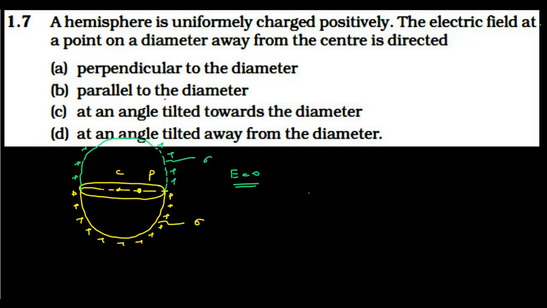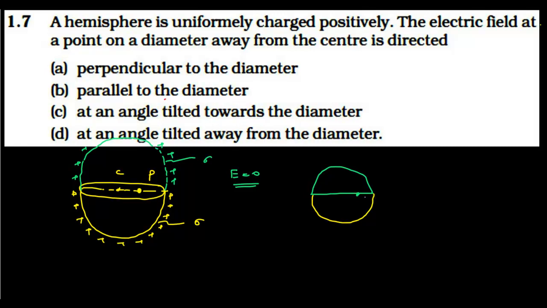This means that the net electric field at any point, say at that point P, is 0, and that is only possible when the field exerted by the upper half and the field exerted by the lower half are equal and opposite.